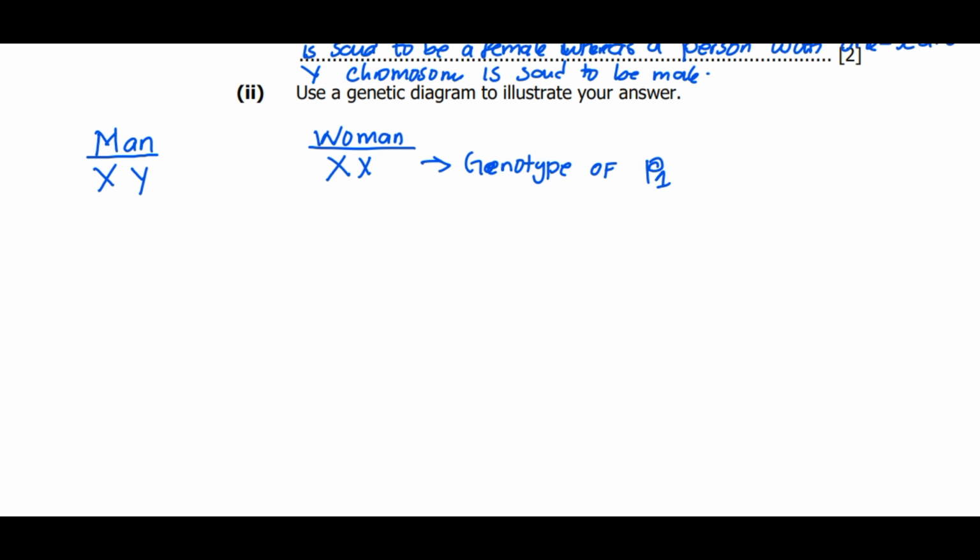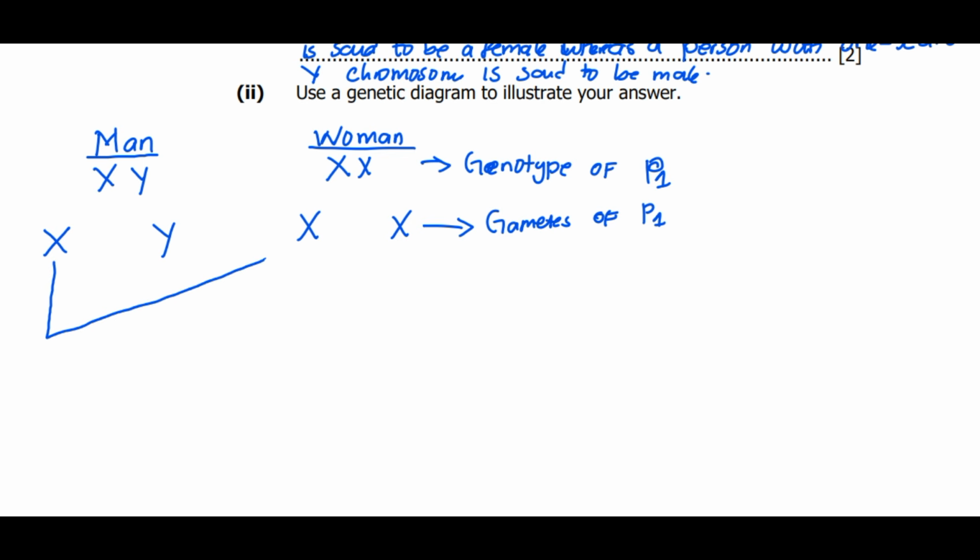Then what are we going to do? Let's look at random fertilization. We separate these, and after separating these, we'll call them gametes of P1. Then we can do the crossing.